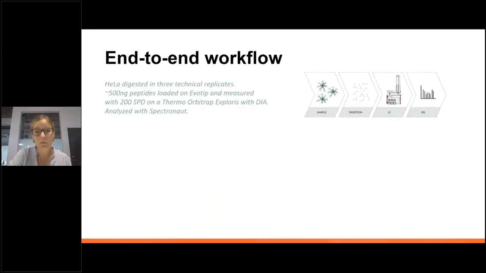So as a final experiment, we tried to do this end-to-end workflow on the Opentrons. So from a HeLa lysate, we digested, and then we analyzed them with a 200 SPD, where we loaded 500 nanogram of peptides.